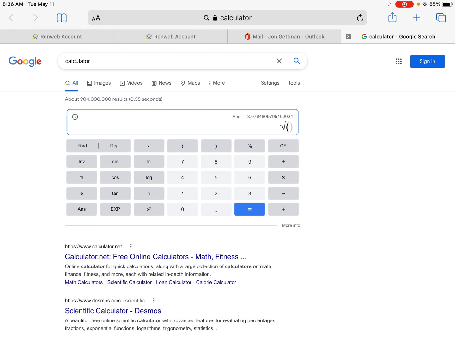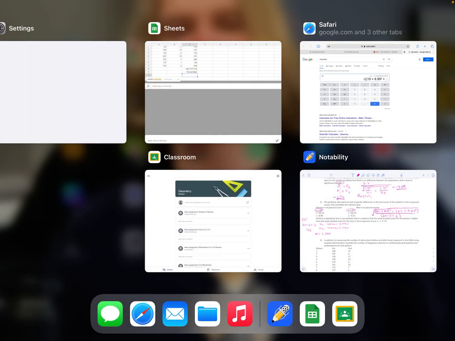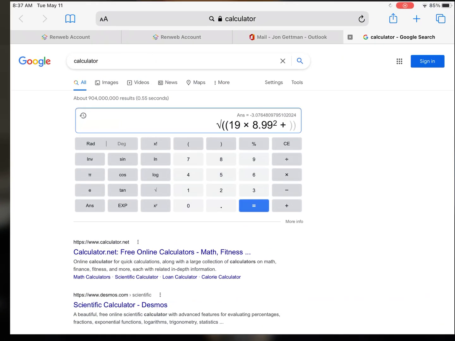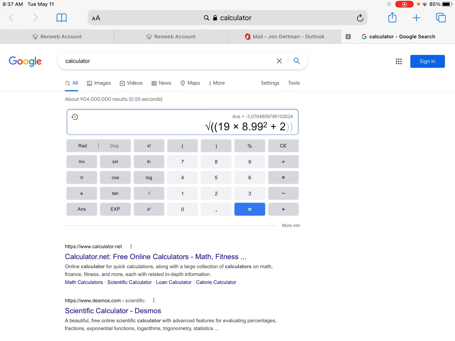Actually, I want to go back. I'm going to put this in. So it's 20 minus 1, so that's 19 times 8.99 standard deviation squared, plus 26 times 9.27 squared.